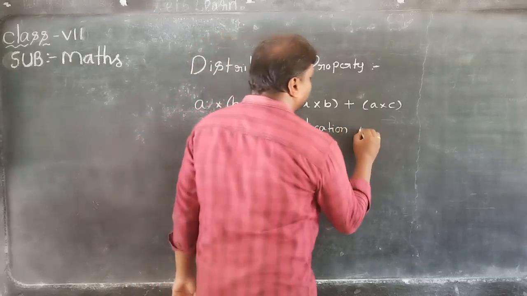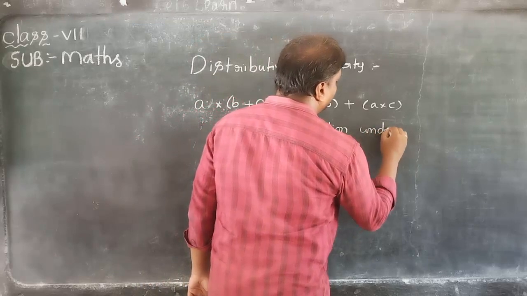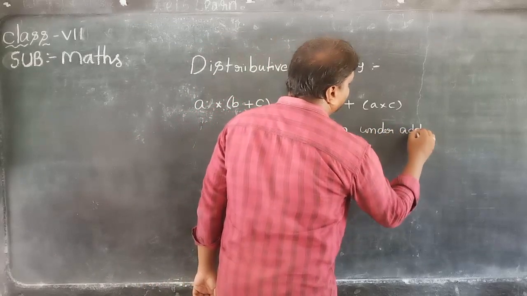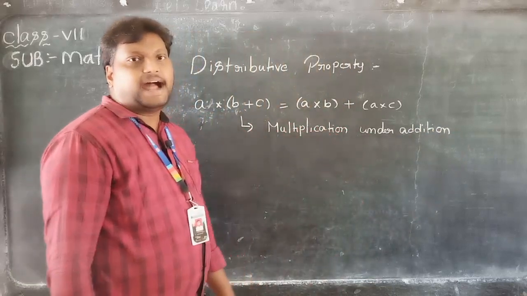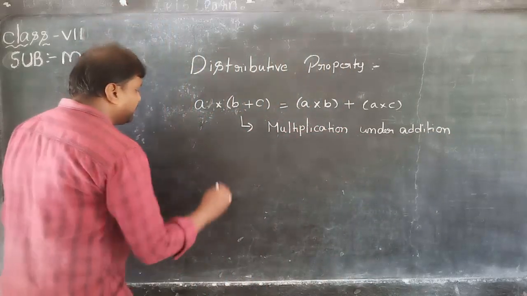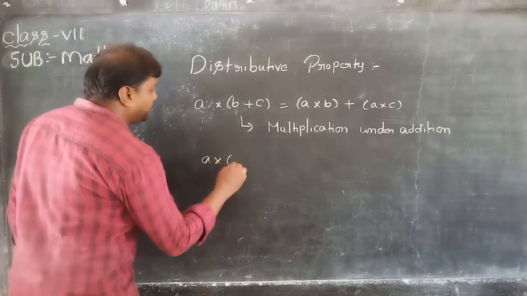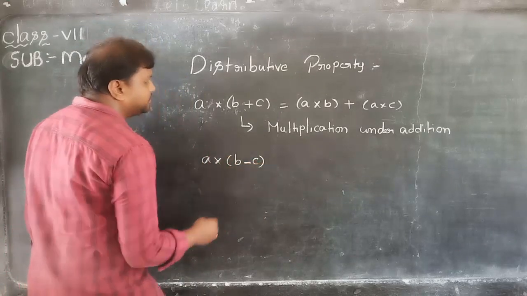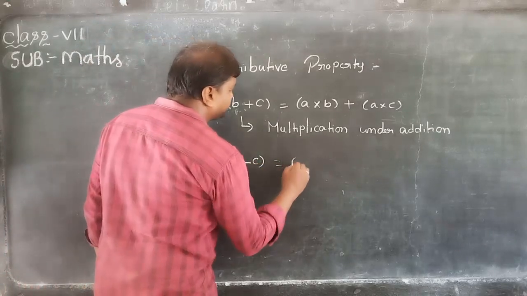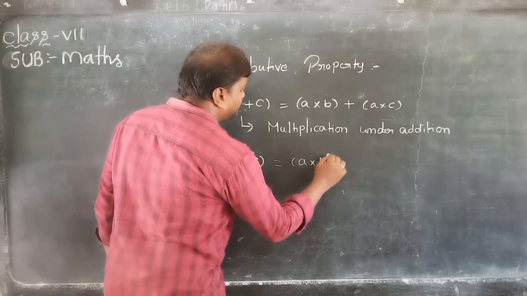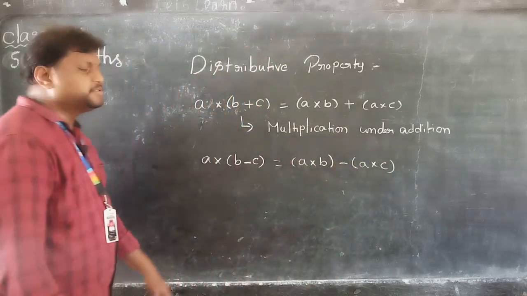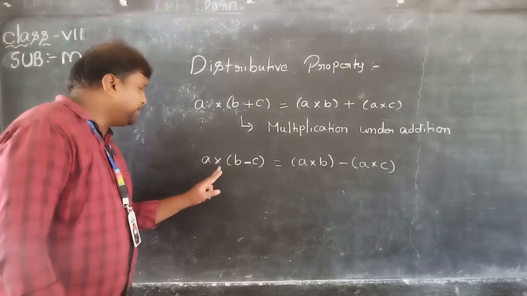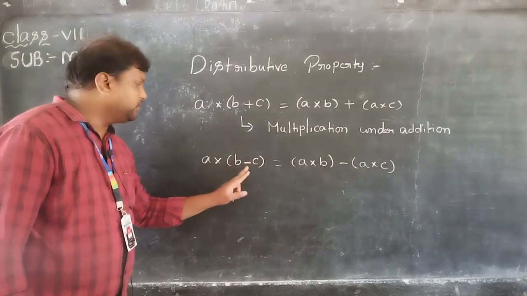Multiplication under addition. This is the distributive property, multiplication under addition. Similarly, a into b minus c is equal to a into b minus a into c. Just observe, here a is multiplying b and c with which operation?